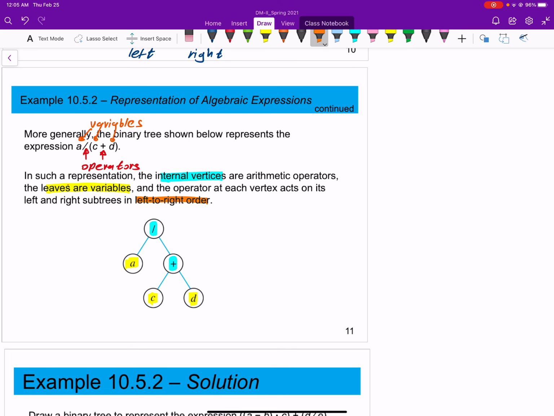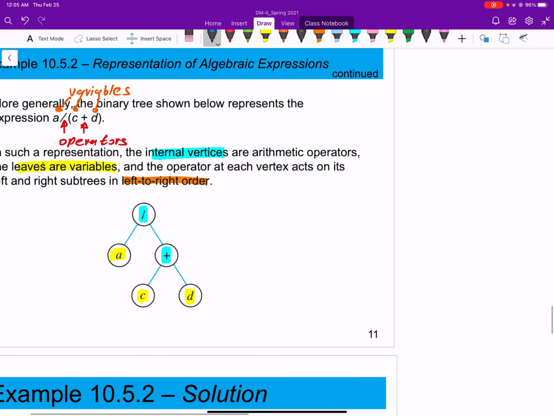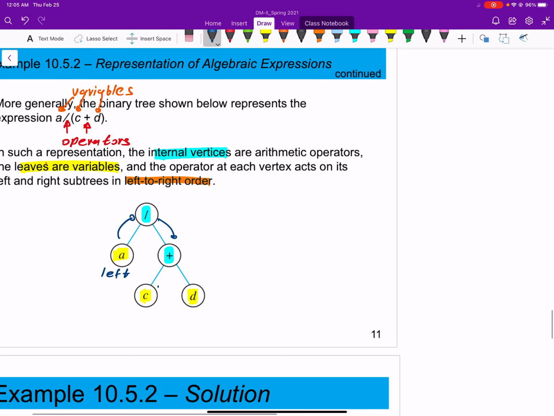You start from the leftmost node. Left, go up, go down. And then start from here, go up, go down.